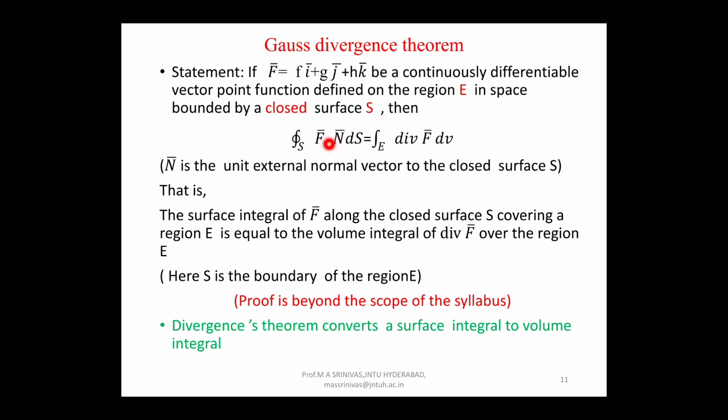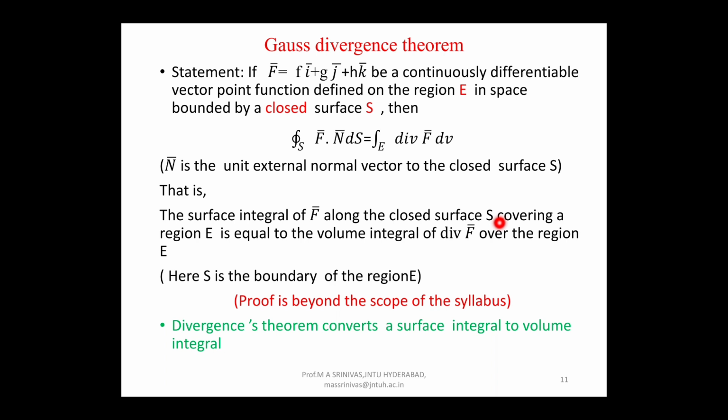Here n bar is the unit external normal vector to the closed surface S. That means the left side, double integral over S of f bar dot n bar ds, means the surface integral of f bar along the closed surface S.